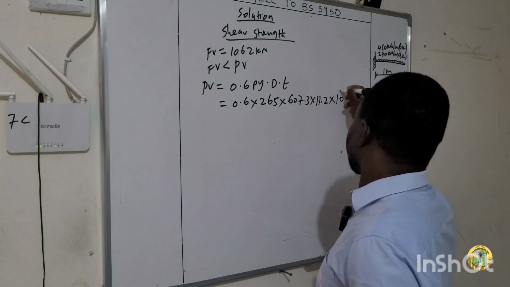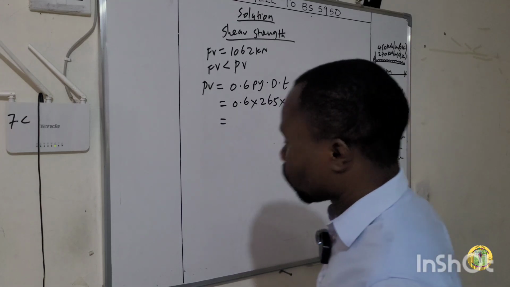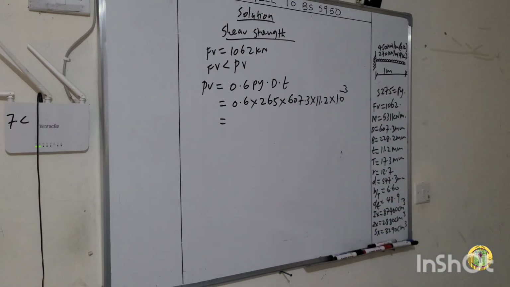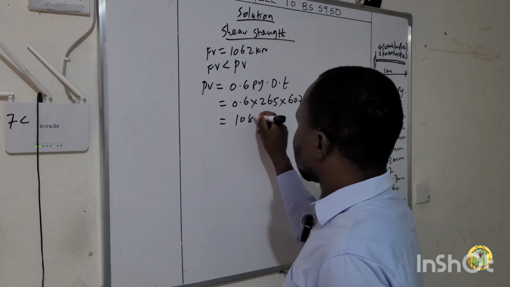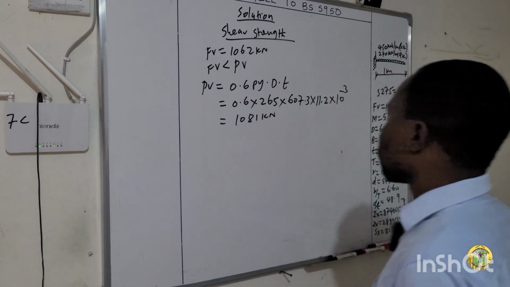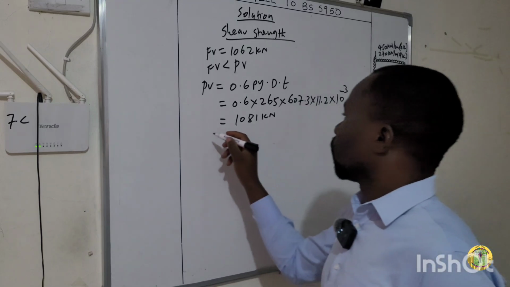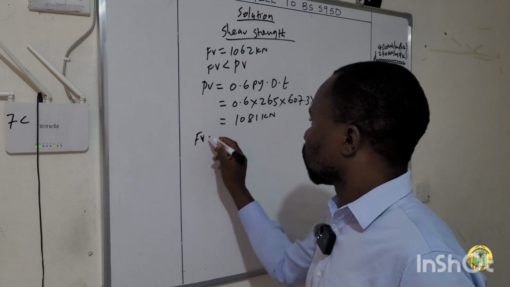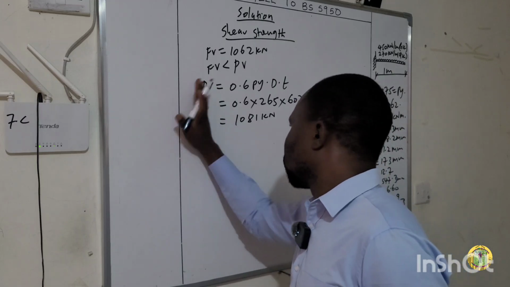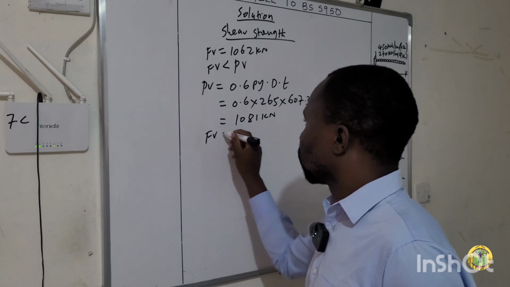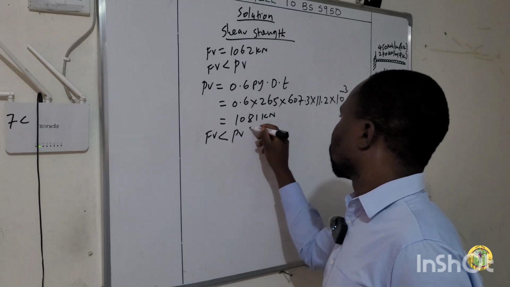Of course, we'll multiply by 10 raised to the power negative 3 to get your answer in kilonewton. So let's see if it will fail or not. So this one is equal to 1081 kilonewton. Therefore, as you can see, FV is less than PV.